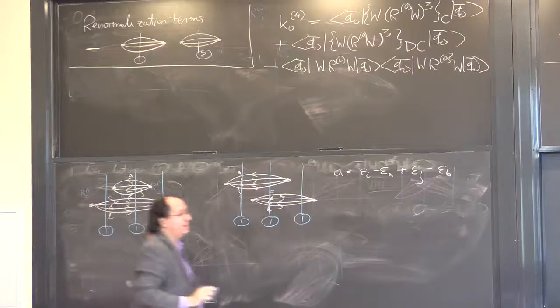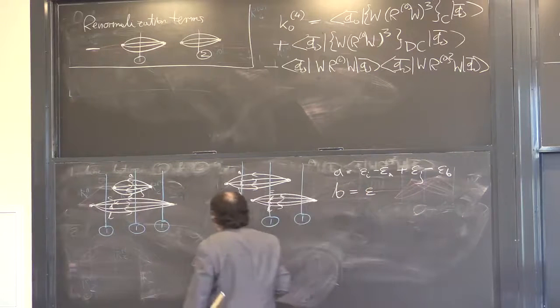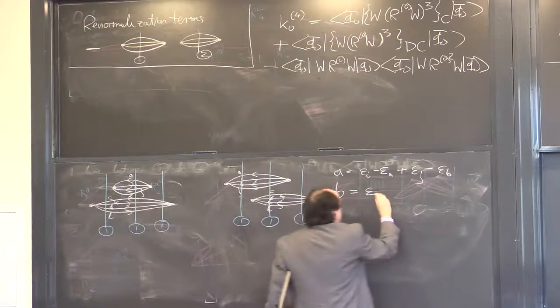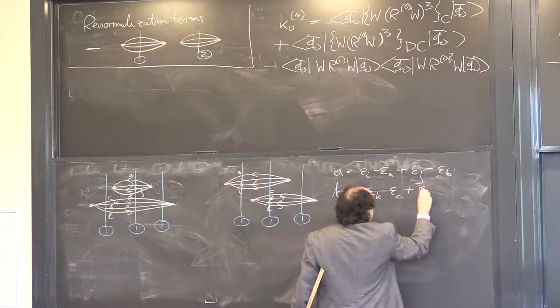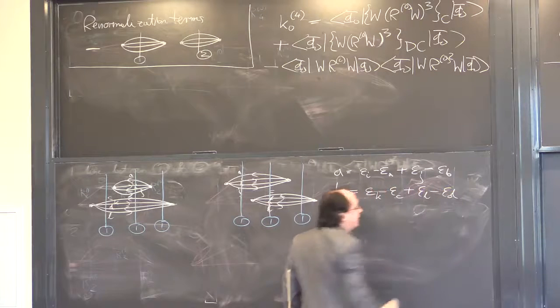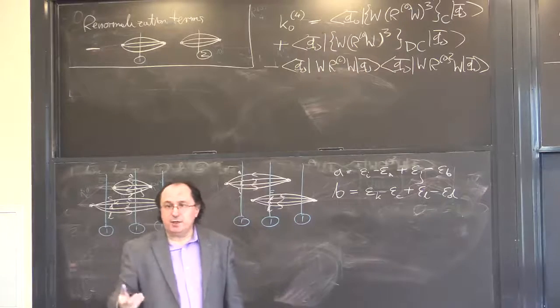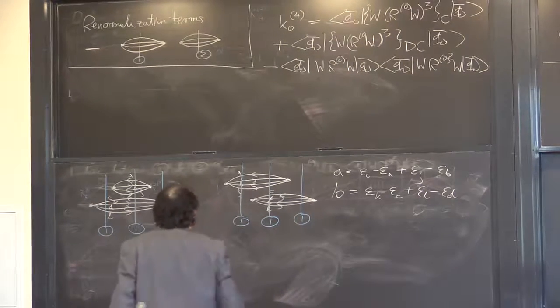When I write B, I mean the part of the denominator that originates from lines of the bottom piece. So it's A, epsilon K minus epsilon C plus epsilon L minus epsilon D. In building denominators, I have to use these two pieces, A and B.